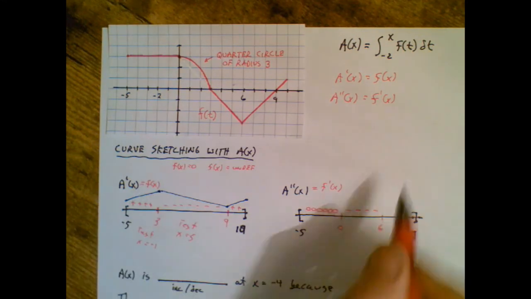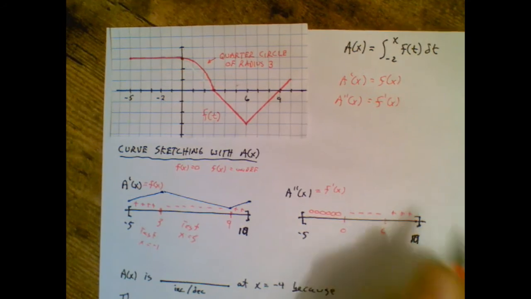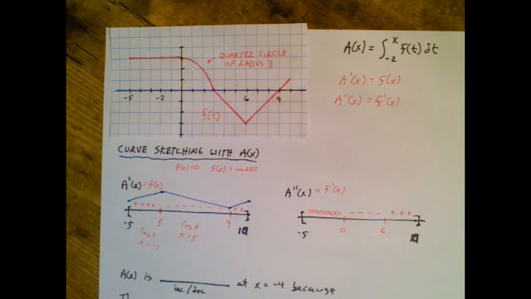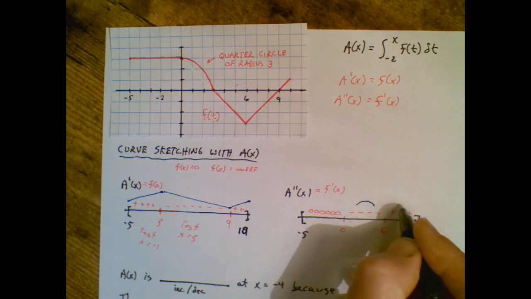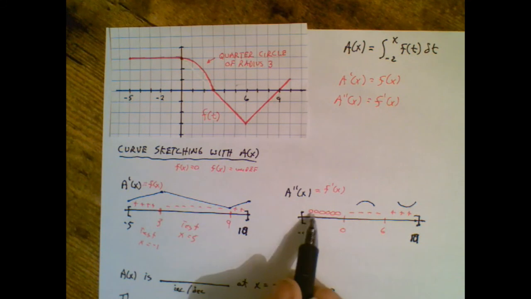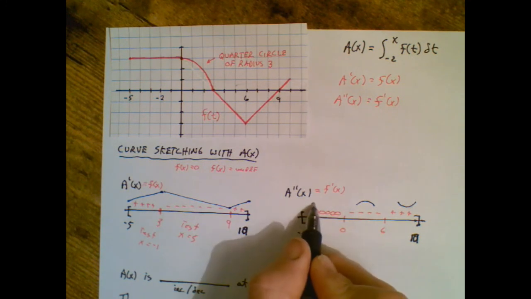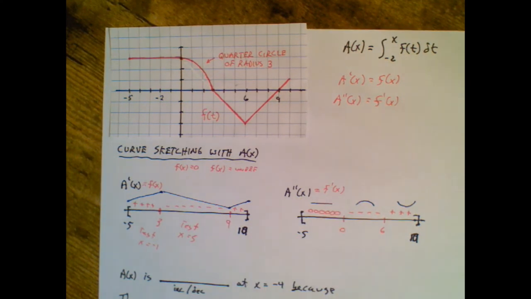And then from 6 to 9, actually 6 to 10, the slope is positive. So what that means is I've got a stretch of concave down, I've got a stretch of concave up, and when the second derivative is 0, there's no concavity, which means we have a linear stretch. It might be increasing or decreasing, but it's linear.